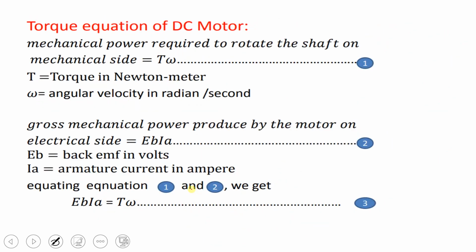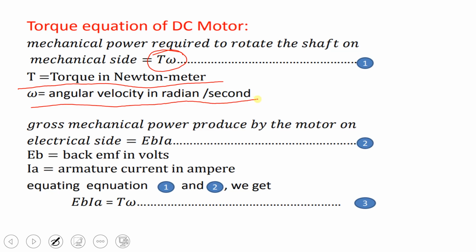Then the torque equation of a DC motor. The mechanical power required to rotate the shaft on the mechanical side is T omega, where T is torque in Newton meter, and omega is the angular velocity in radians per second.